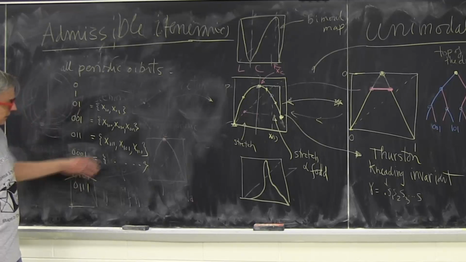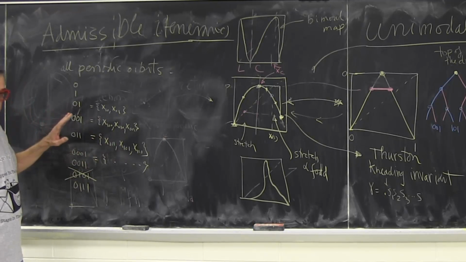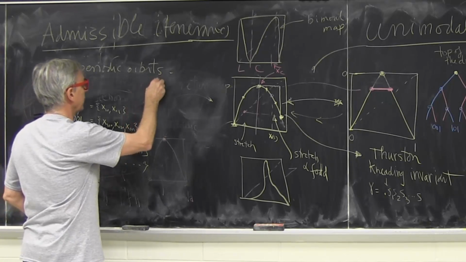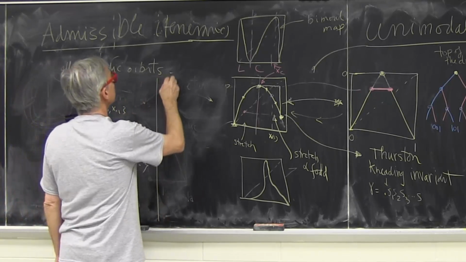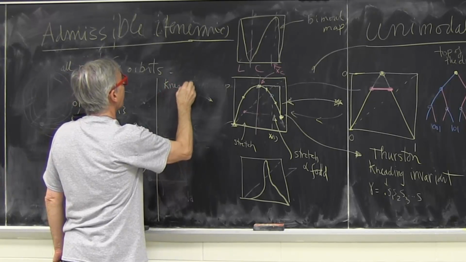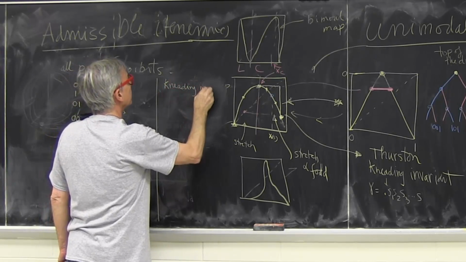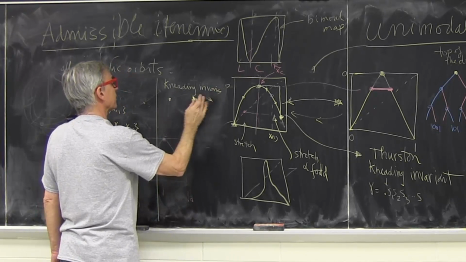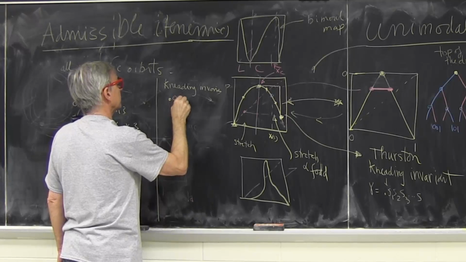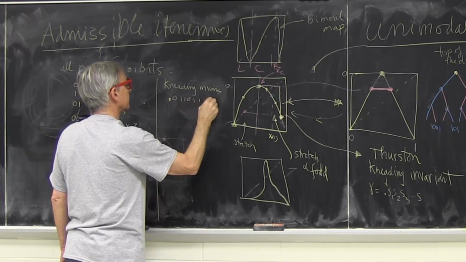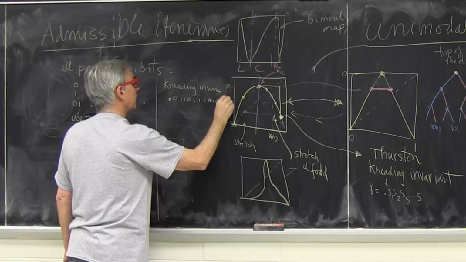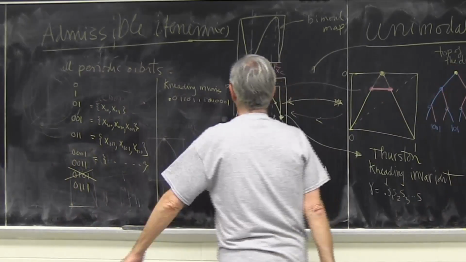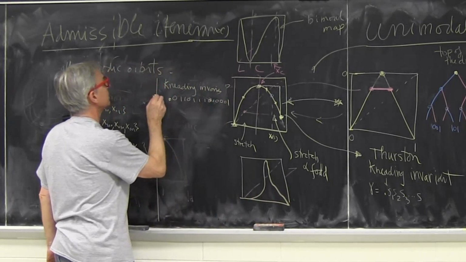Now, the only thing you'll need is symbolic dynamics to check whether an orbit is admissible or not. Because I have this, but I also have a kneading invariant, which is one infinite sequence generically. So it's something like 0, 1, 1, 0, 1, 1, 1, 0, 1, 0, 0, 0, whatever the kneading sequence is. And that's temporal.